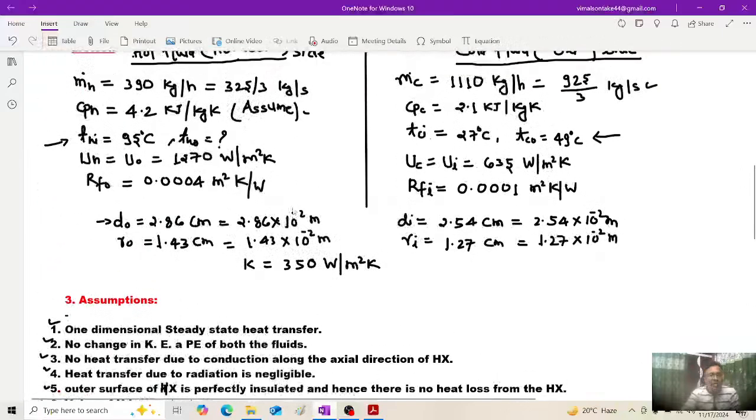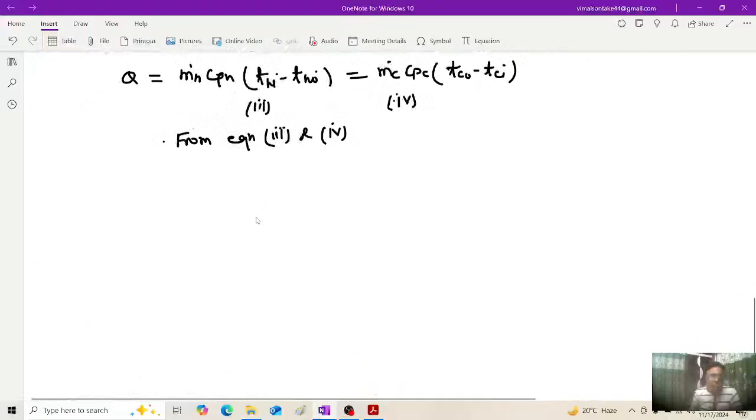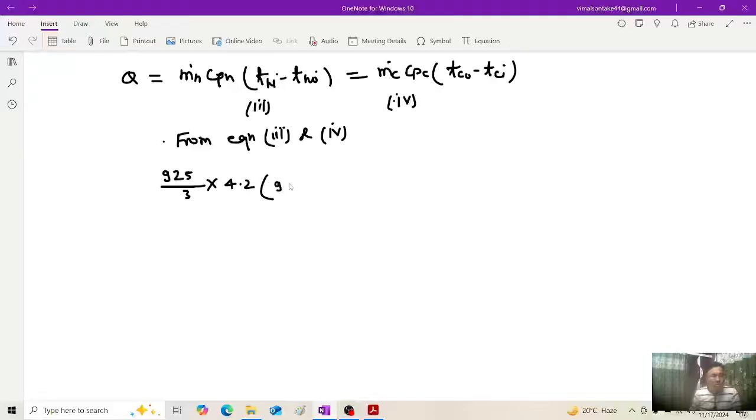m dot H is 325 by 3, CPH is 4.2 and THI is 95.